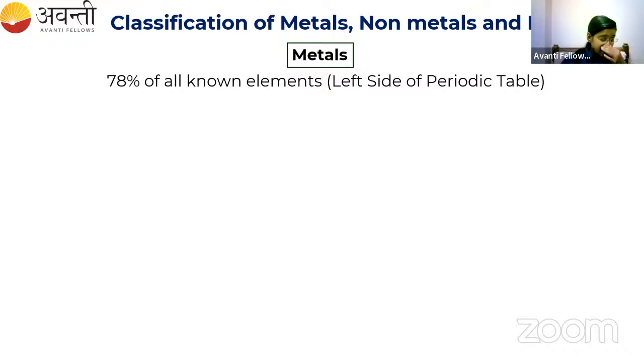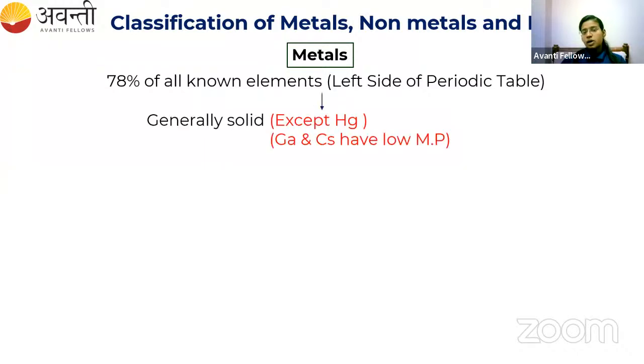Yeah, JNB Shimoga, except mercury, all are solid. And Sanket is also saying mercury is a liquid. Very good, your answers are exactly correct. So metals are generally solid, but with an exception, which is mercury.